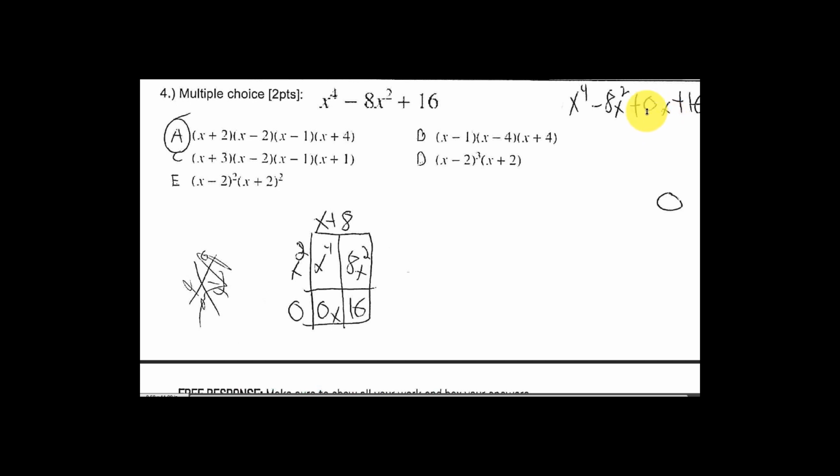Let's see what they get. And then they tried factoring by grouping, because they have 4 terms and they put it into the box, x squared. And then -8, no, it wouldn't work. X squared, no, it wouldn't work.